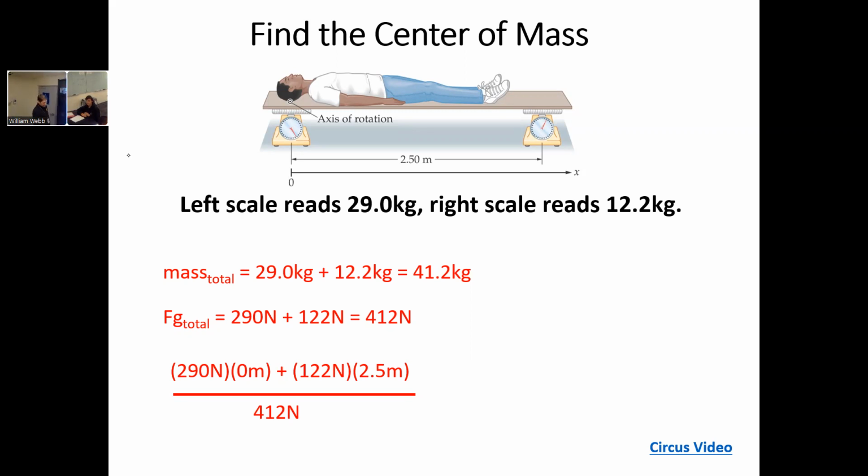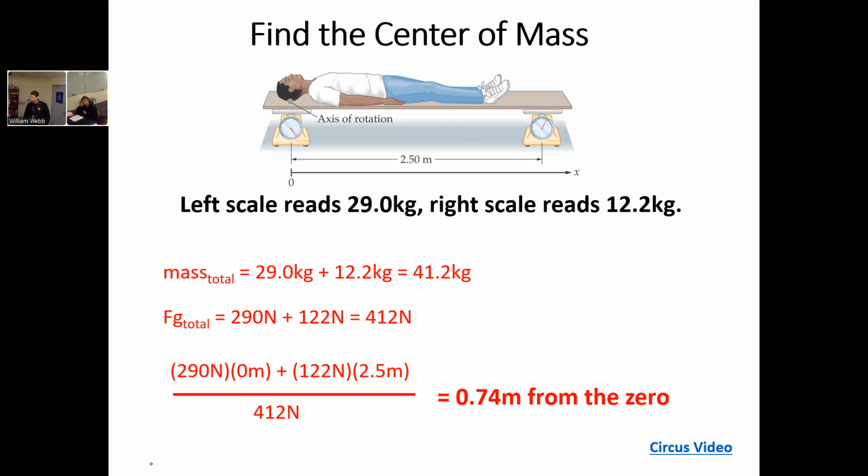And then if I divide Newton meters by newtons, what am I left with? Meters, which is a measure of distance, right? So this creates no torque. This creates this much torque divided by the total weight, and then I get that 0.74 meters from this spot would be the perfect center of mass, where if I did put a fulcrum under there and remove those scales, the person would stay balanced.